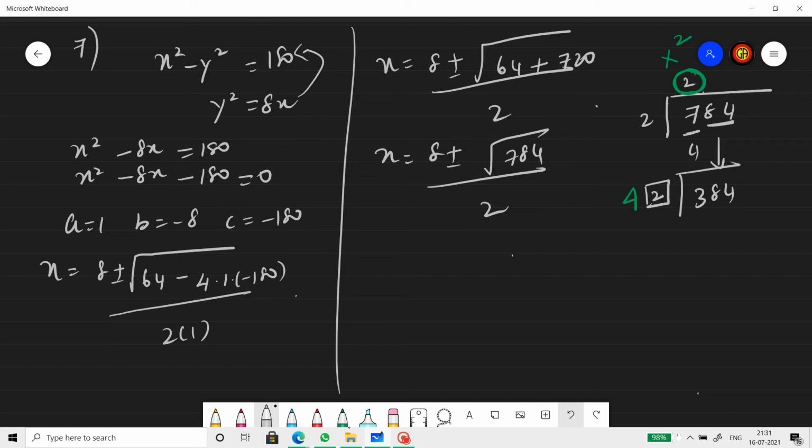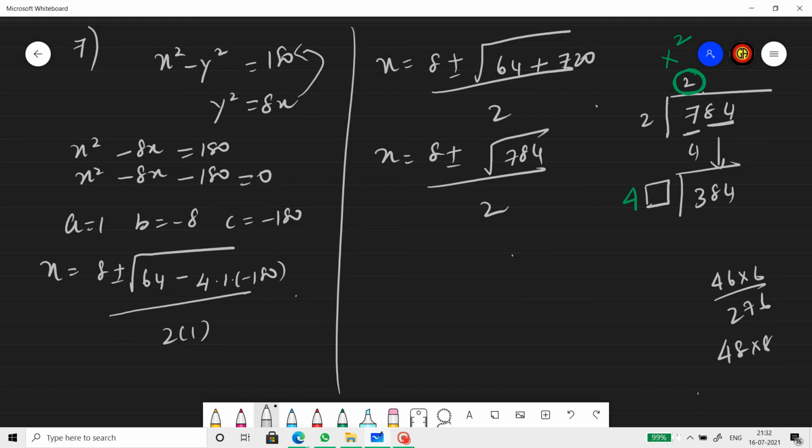So I'll increase. Let me go for 46 into 6, which is 276. But I need 384, so this will also not work.